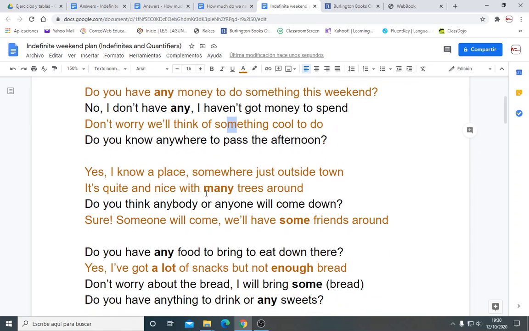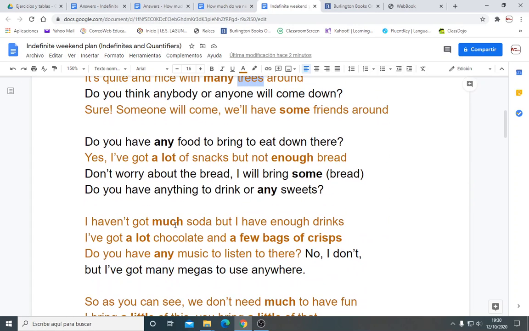Now, we have a look at many. Many means mucho, but we use it just for things that are countable, like for example trees. So we can have 1 tree, 2 trees, 3 trees, or we can have dogs, 1 dog, 2 dogs, 3 dogs. If we can count it, we use many, okay? The corresponding thing to many is much, but we use much for things that we cannot count, like soda.